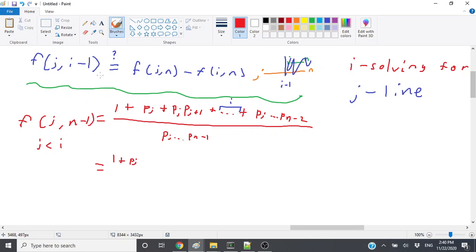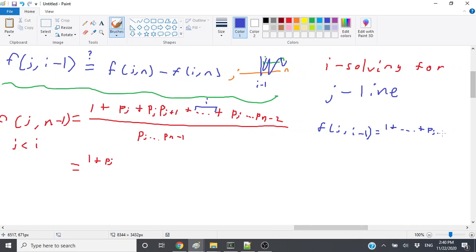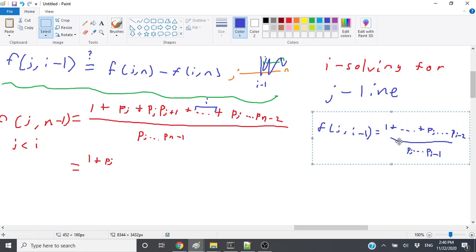To do that, we have to create f of j, i plus 1, or i minus 1, sorry, which is just the same formula, but it only goes up to i minus 1. So it's like 1 plus ... plus p j ... p i minus 2 all over p j ... p i minus 1. Can swing that over.